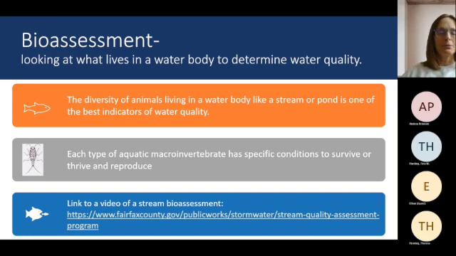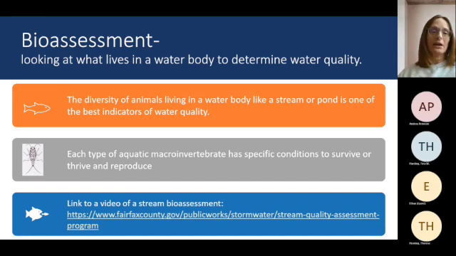And then the third point, I put in a link, and I'm not going to show that because we've had trouble showing videos and going to external links, but I've given a list to Andrea, and you'll be able to watch that link. That video is a really good one because it includes using fish for a bioassessment, using macroinvertebrates, and also it shows them collecting some water quality samples. So it's kind of the whole stream assessment.